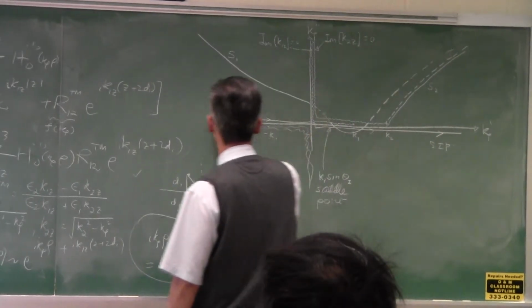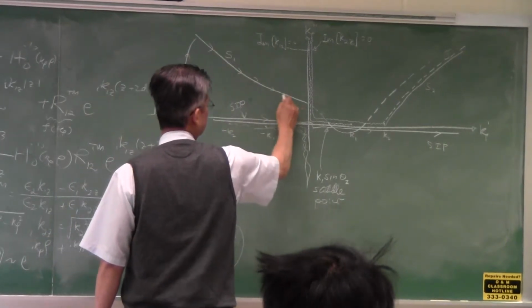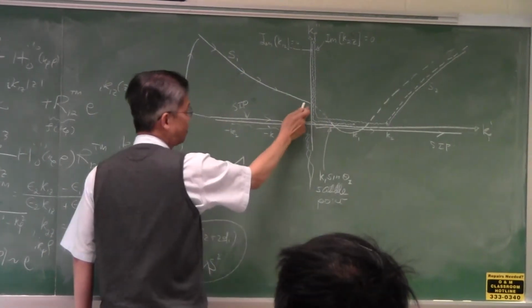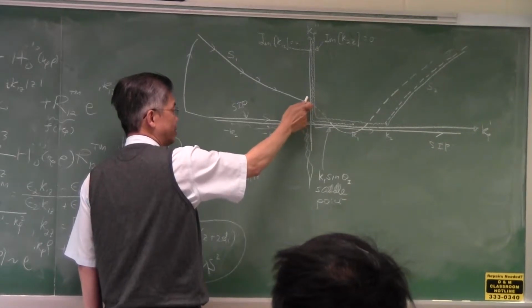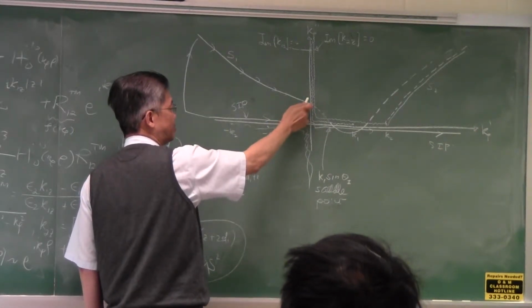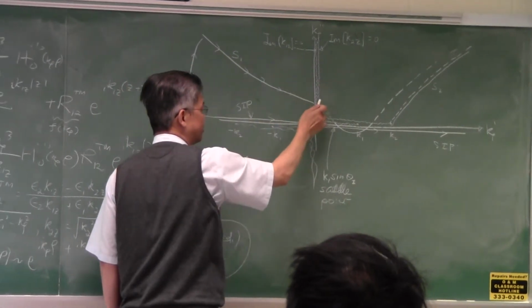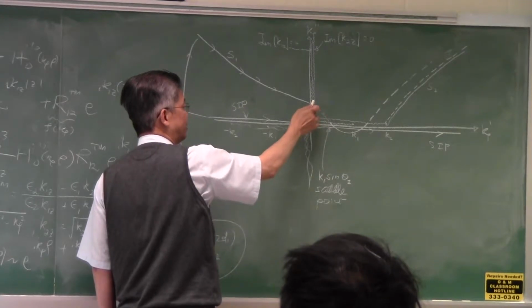through this, and here it crosses the branch cut 2 times. First time it crosses it, it will go to the bottom Riemann sheet of K1z branch cut. The second time it crosses the other branch cut, it will go to the bottom sheet of K2z branch cut.